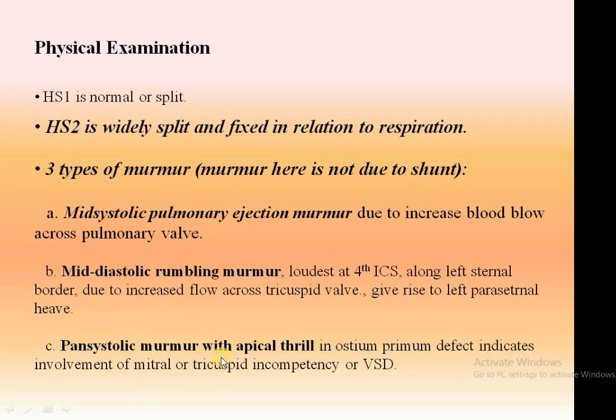This pansystolic murmur will be there in the OSTIUM PRIMUM defect, and that will occur because of the mitral or tricuspid regurgitation. So three kinds of murmurs: mid-systolic pulmonary ejection murmur through the pulmonary valve, mid-diastolic rumbling murmur through the tricuspid valve, and pansystolic murmur in OSTIUM PRIMUM defect because of the mitral regurgitation.